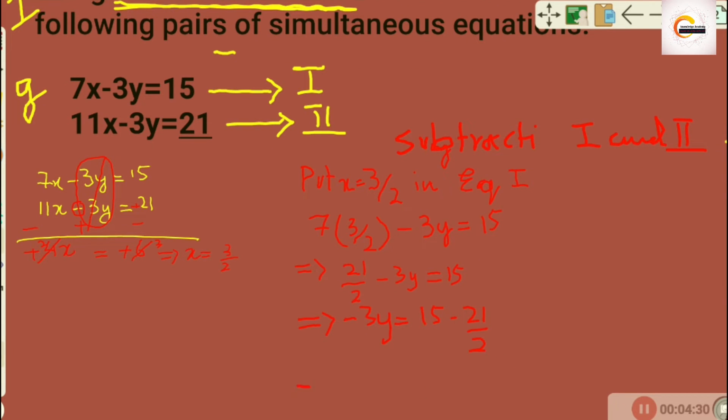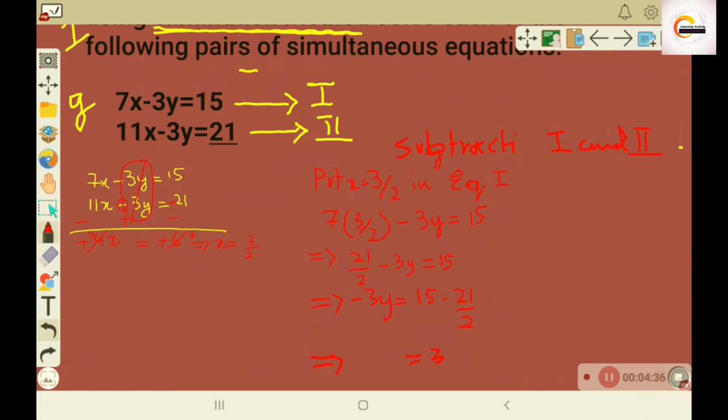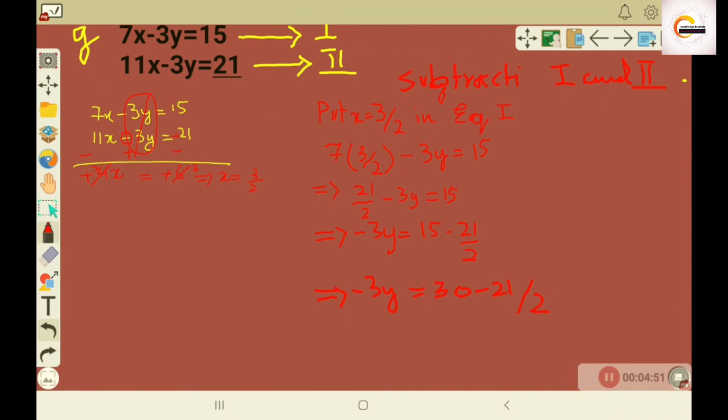Now taking the LCM, 30 minus 21 upon 2, so minus 3y is 9 upon 2, and 3 ones are 3, which gives 9.